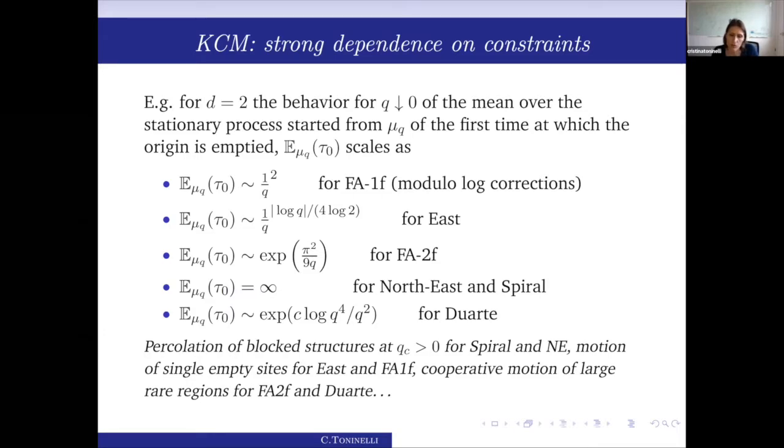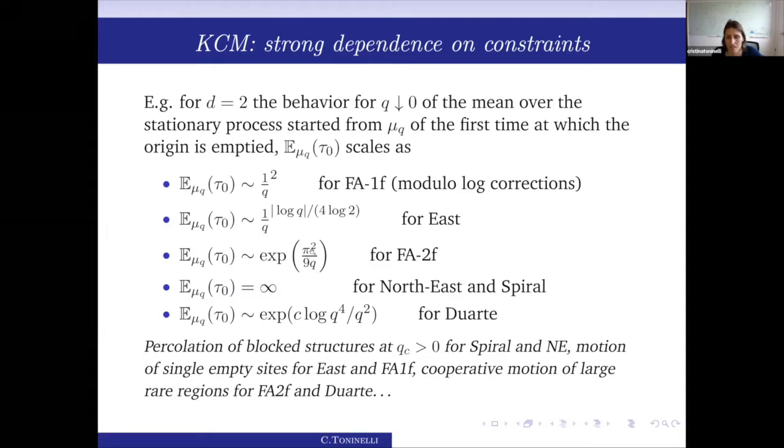The key objects that dominate the relaxation are some sort of large and rare regions. How rare? For both models, the density of these regions scales as the inverse of exponential of 1/q. And then the motion of these large rare regions is very different for the two models.